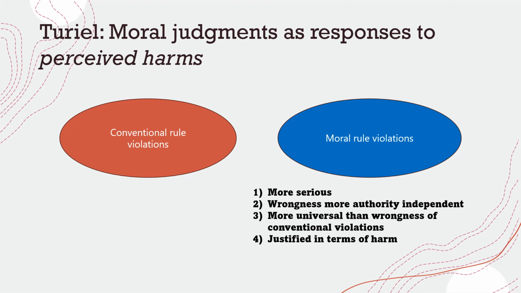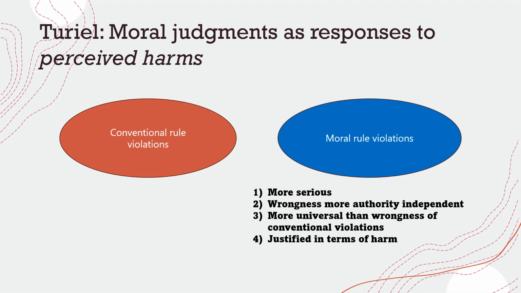So what are moral judgments, first of all? Turiel comes up with the idea that moral judgments are responses to perceived harms. There are two kinds of violations: a conventional rule violation, like leaving a window open, and moral rule violations.